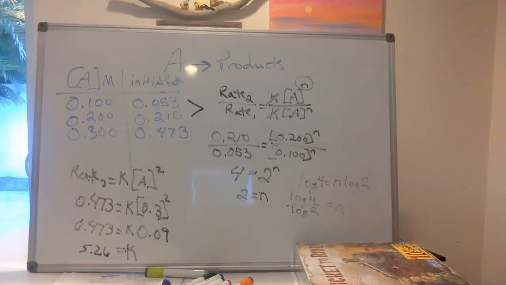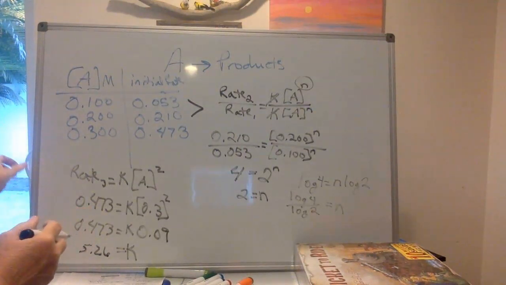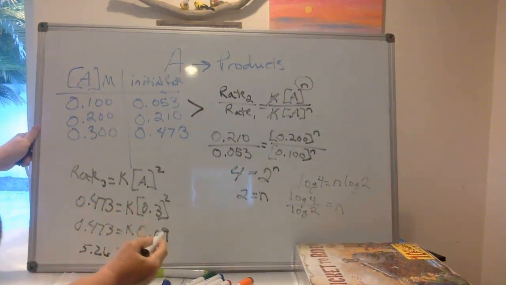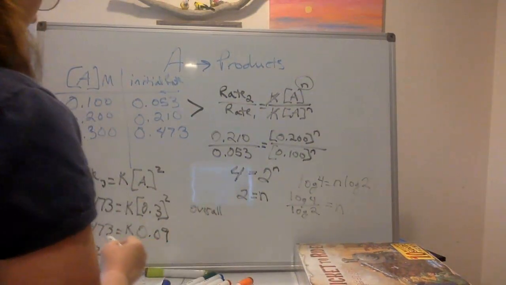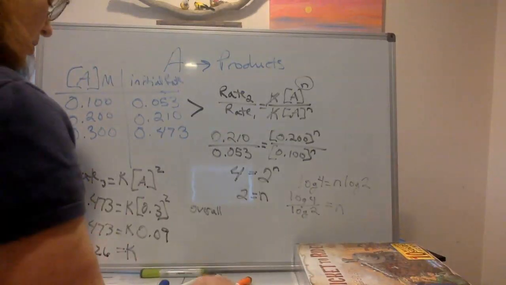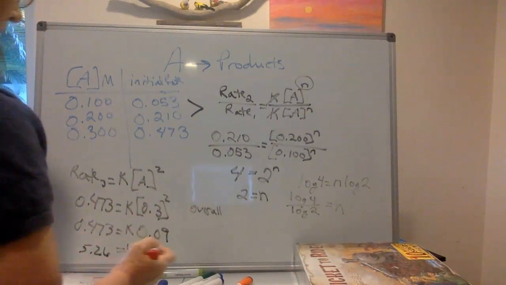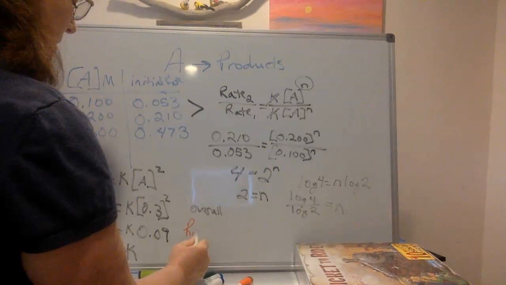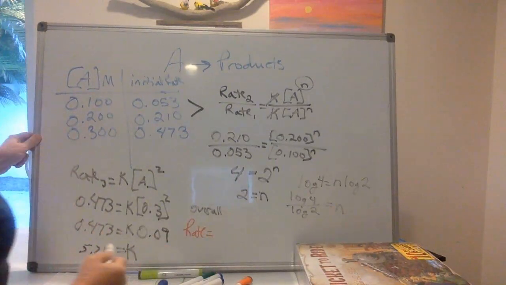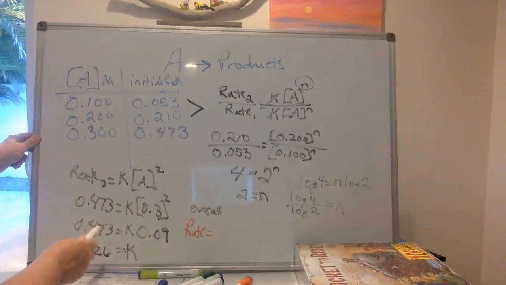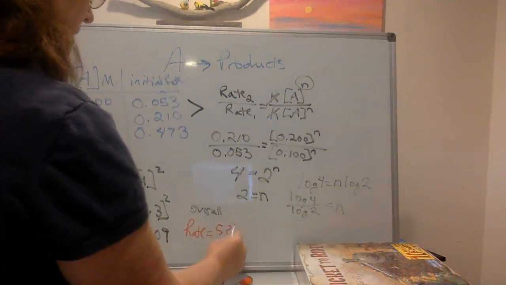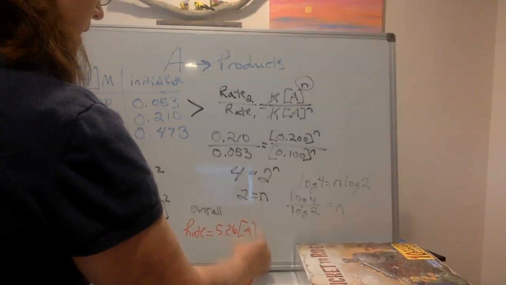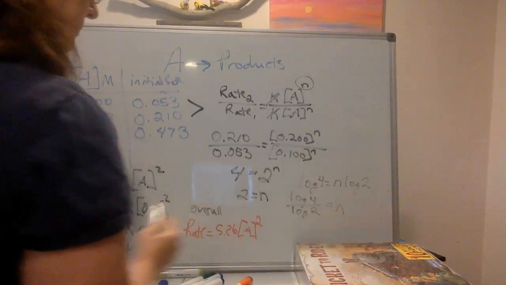So when we want to write this out, we write the overall rate law. They asked for the overall rate law, and it would be rate equals K, which we had as 5.26, times the concentration of A squared.